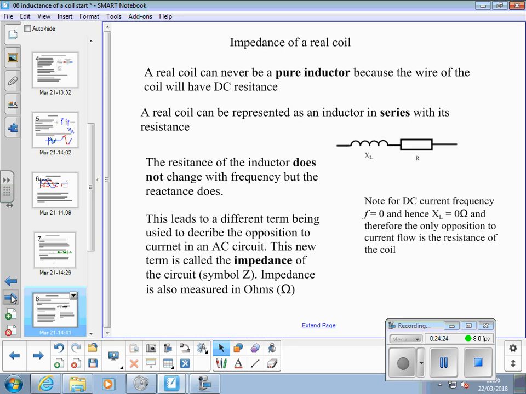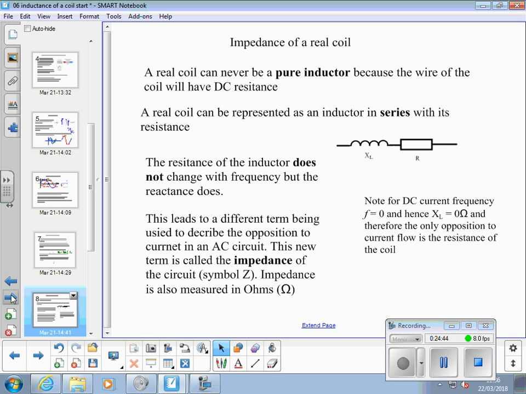The resistance of the inductor does not change with frequency, but the reactance does. This leads to a different term being used to describe the opposition to current flow in an AC circuit. That new term is called impedance.